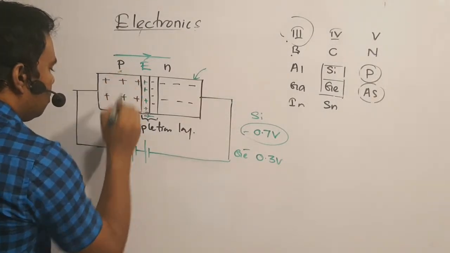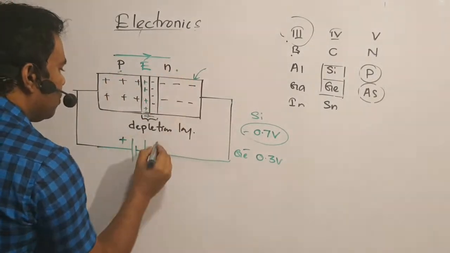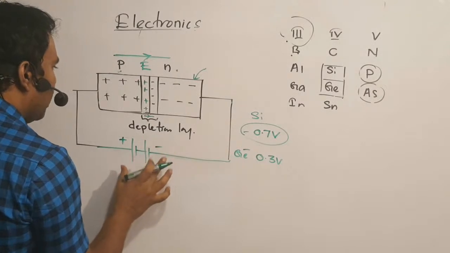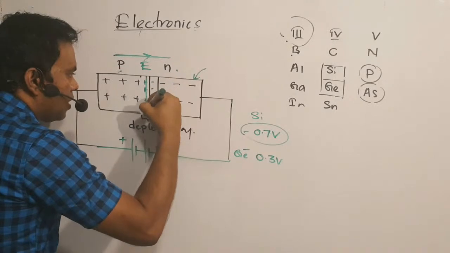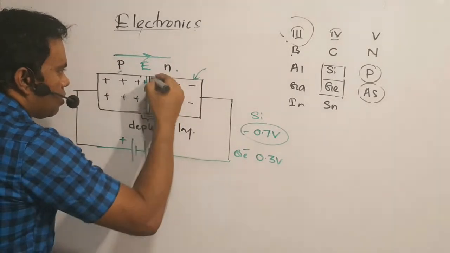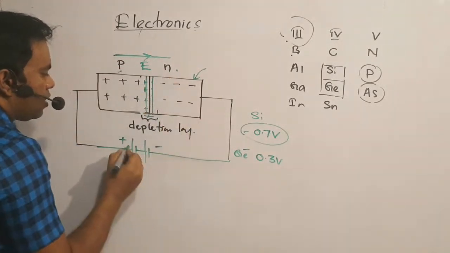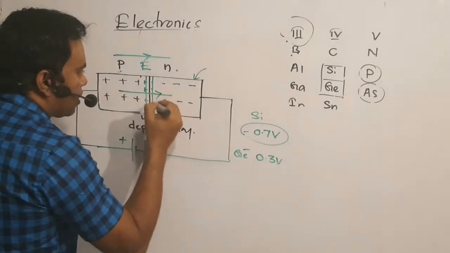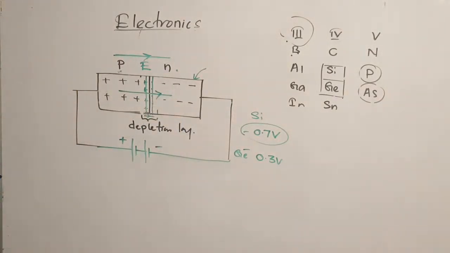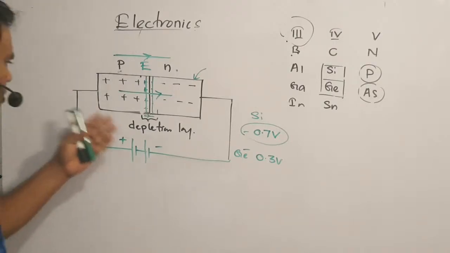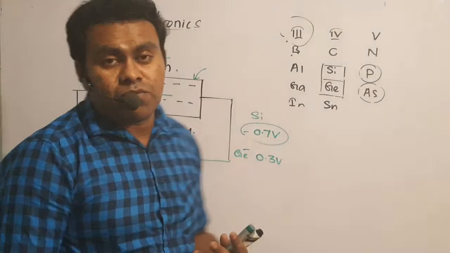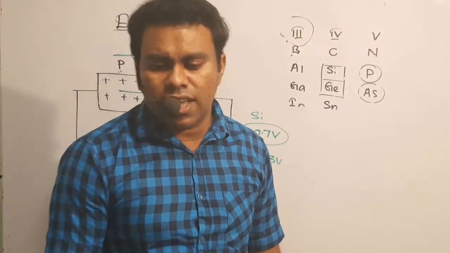So positive to positive, negative to negative, when you supply that, what happens to this depletion layer? It becomes narrow. It becomes narrow and the diode allows an electric current to flow through that. So this is known as what? පුතා මේකට මොකද වෙන්නේ diode එකක් forward bias කරපුවා. What happens?